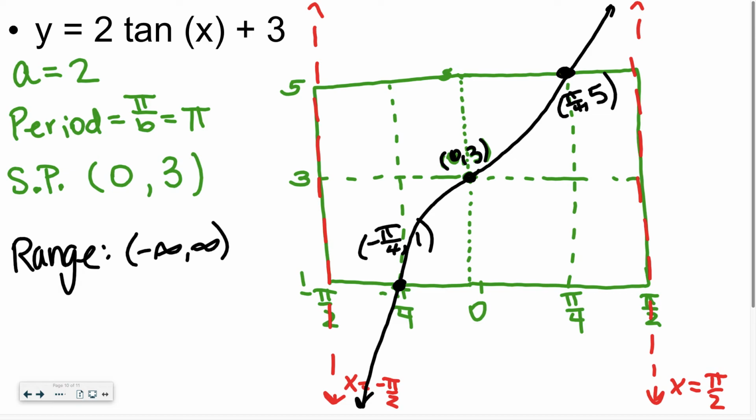Who has their gold sheet available? So your homework comes from the 4.6. You have 1, 2, 3, 4, 5 required graphs. That's not that many. 5 graphs.